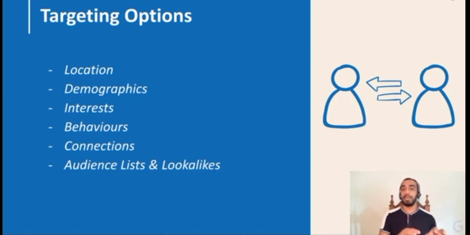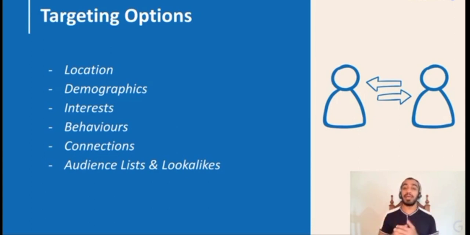Facebook identifies people who look exactly like your audience. So if you give Facebook data of your purchasers, that is people who have purchased your product, Facebook can create a lookalike of that. So Facebook can identify people who match interests of your previous buyers.